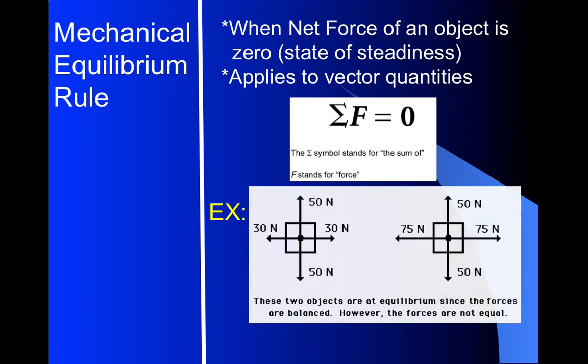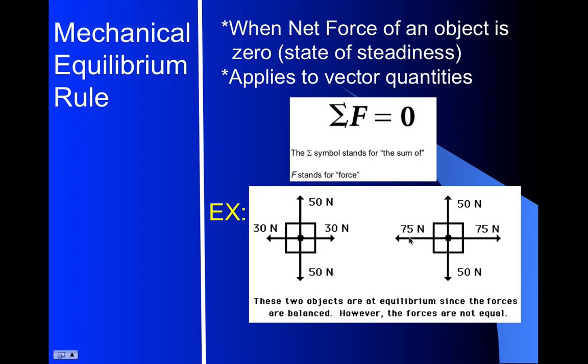Now, here is an example which is mechanical equilibrium. So notice that there are 4 forces, right? There's 30 newtons to the left, 30 newtons to the right, and then 50 newtons up and 50 newtons down. All these are opposite of each other, so therefore the sum of the forces, the net force, is 0.